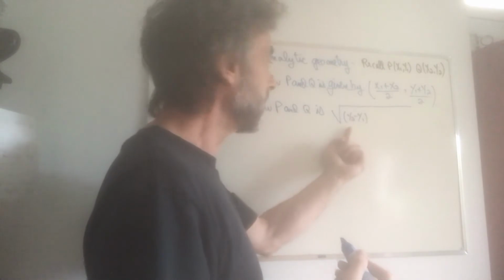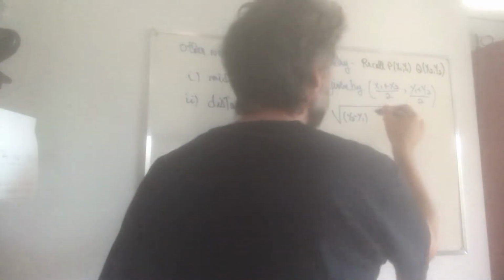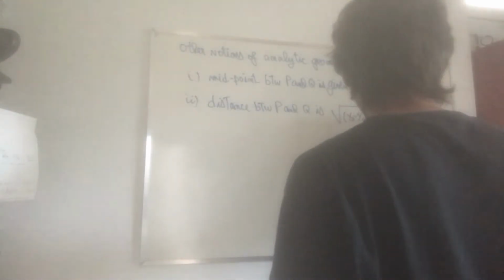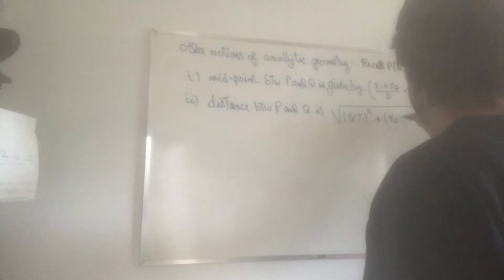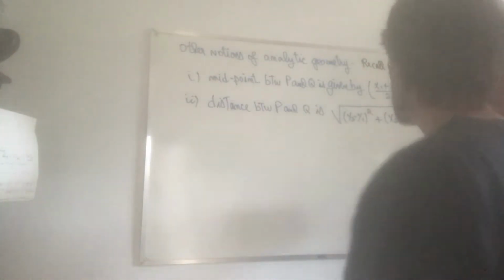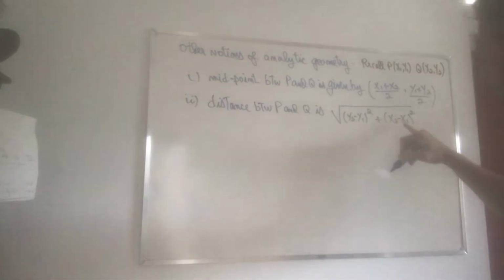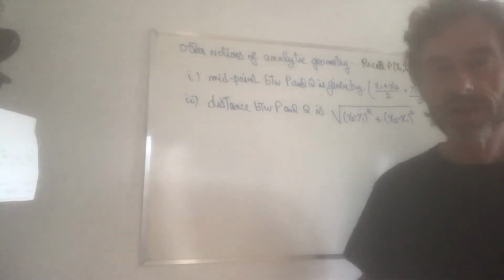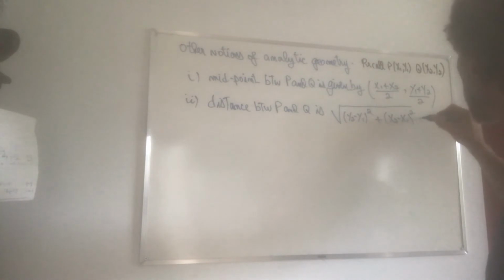Remember, for the midpoint we had a plus. Here Pythagoras says we should subtract the coordinates and square them, and same thing for the x. So y2 minus y1 squared plus x2 minus x1 squared. We call this little d for distance.